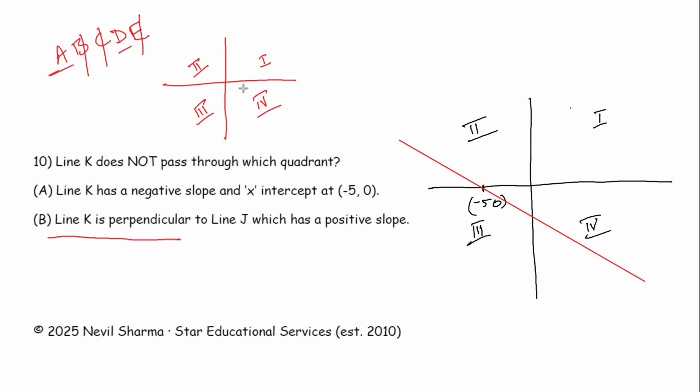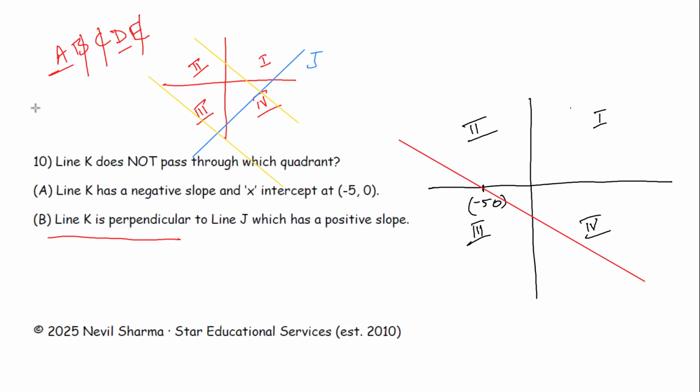So suppose this blue color line is line J, which has a positive slope. Line K is perpendicular to line J. So this red color line or yellow color line, we use it as perpendicular to J. And this perpendicular could be like this also, right?